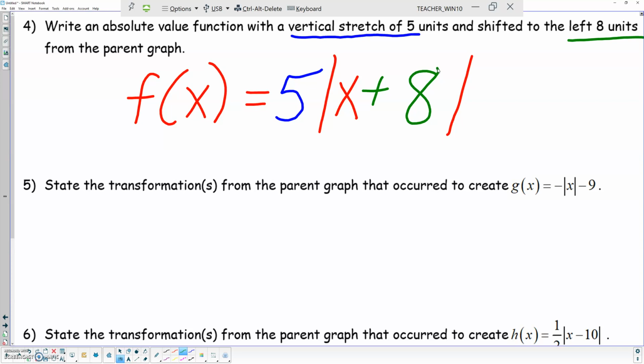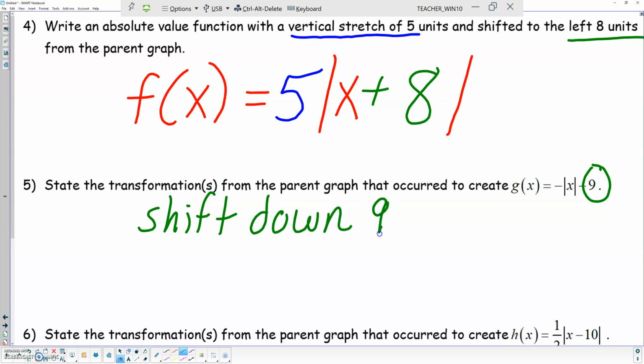Okay, number 5 wants you to describe or state the transformations that occurred. So there's 2 transformations that occurred here. When I subtract the 9 at the end of the equation, that means we shift down 9 units. And then the negative in front means we reflect over the x-axis.